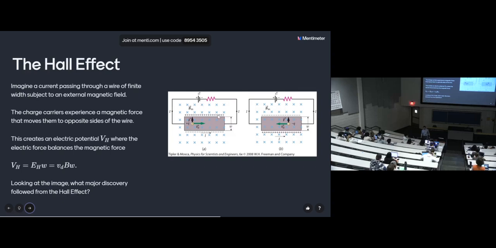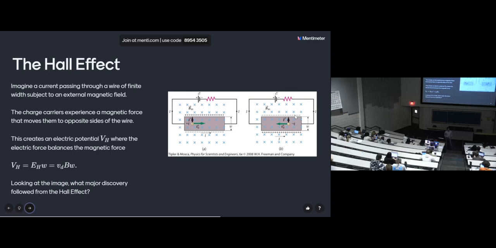So what is shown in the left figure is incorrect, meaning that you would expect the positive charge to gather on the top and the negative charge on the bottom. In reality, the negative charge gathers on the top and the positive charge on the bottom, because we don't have positive charge carriers, we have negative electron charge carriers.